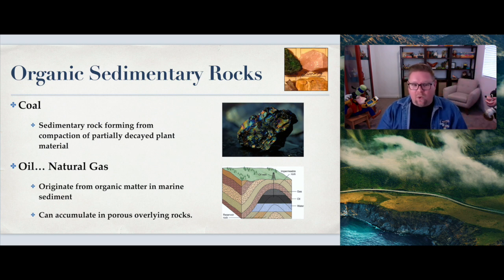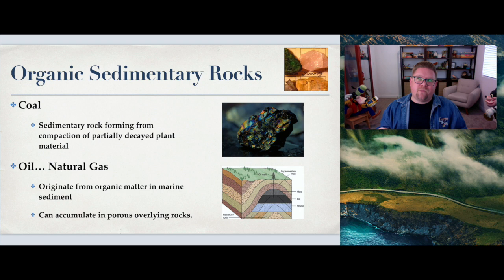Another one would be oil and natural gas. It originates from organic material in marine sediment that was buried very deep beneath the Earth's surface over time. Those layers were deposited, and then as things decompose, change, or are given pressure, they can create pockets of oil or gas, and sometimes even separate within solutions of water. They can also accumulate in porous overlying rocks.